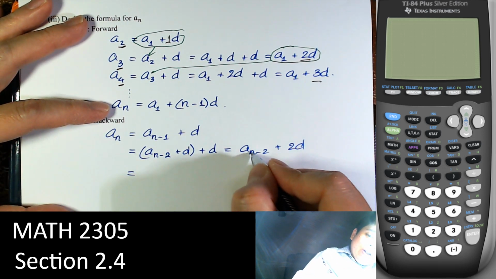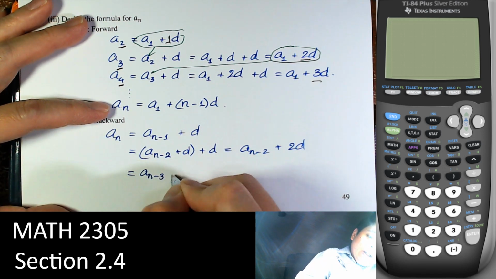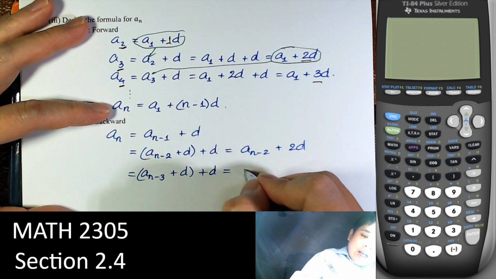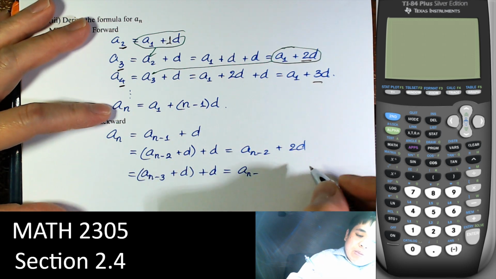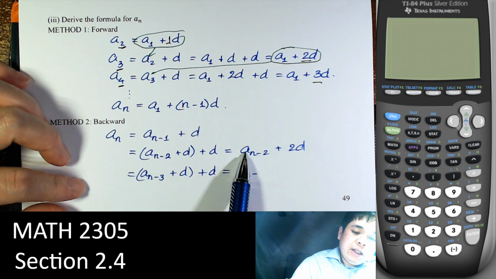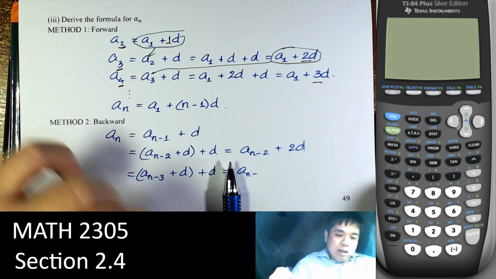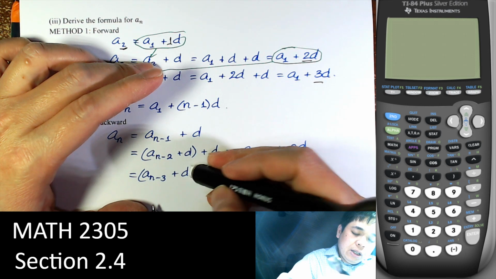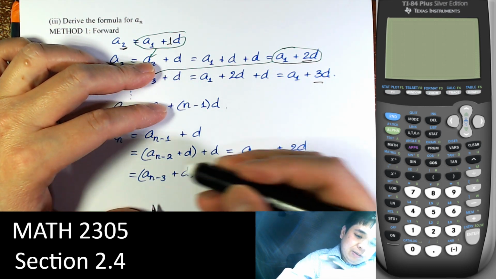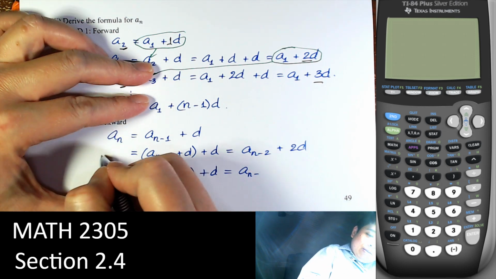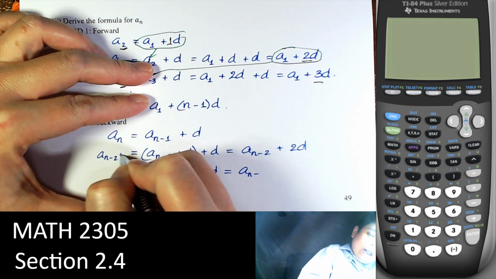And then here we substitute A of n minus 3 plus d, so this is A of n minus 2 equals A of n minus 3 plus d.